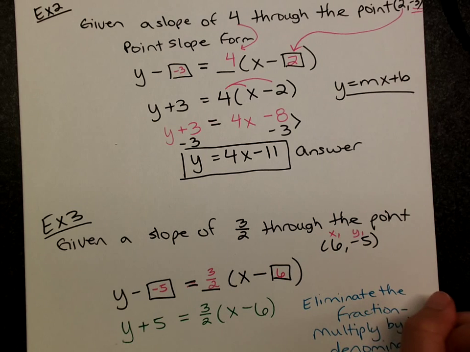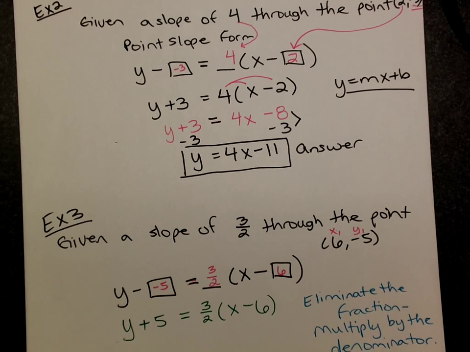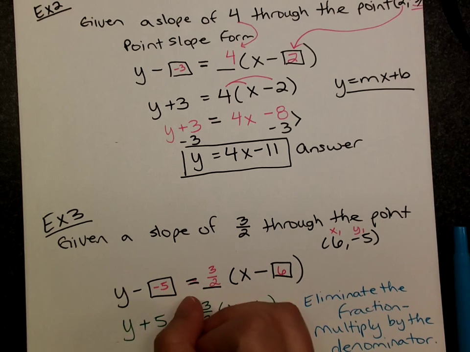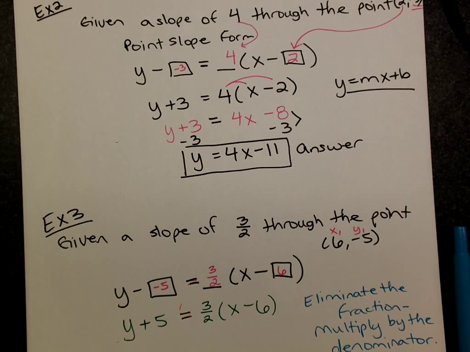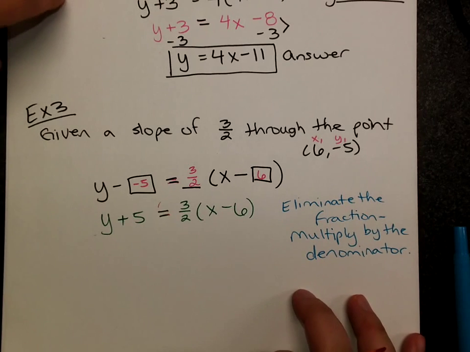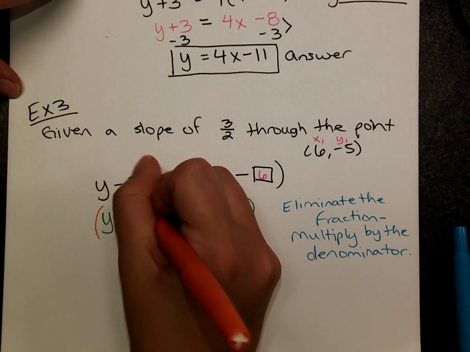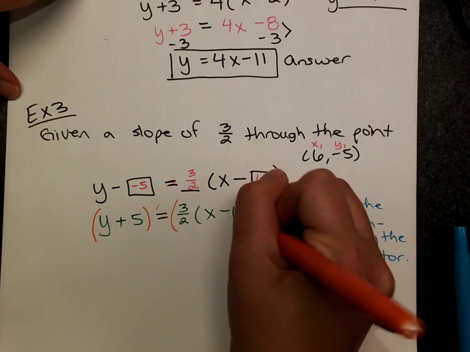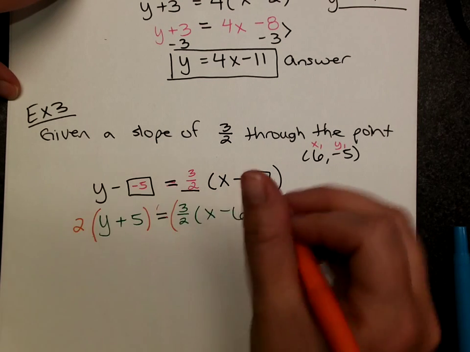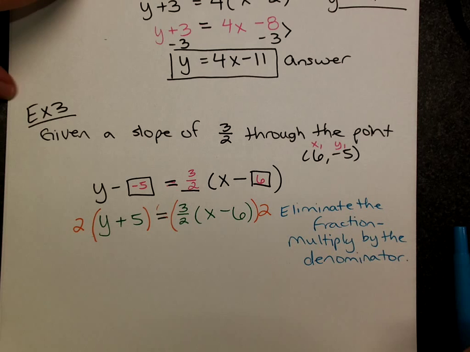We did something similar last week. So, finding that equal sign, what we're going to do from here, watch carefully, we're going to take everything on each side. We're going to multiply the left side by 2 and the right side by 2.